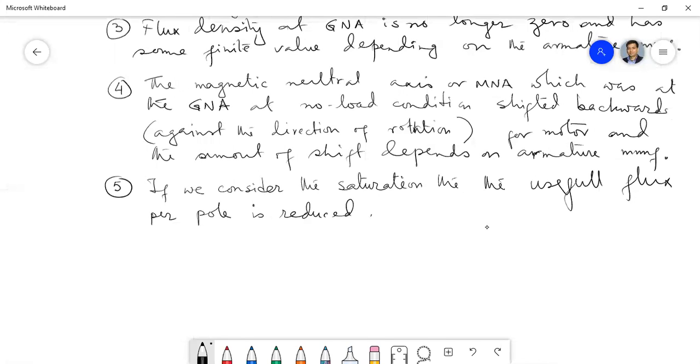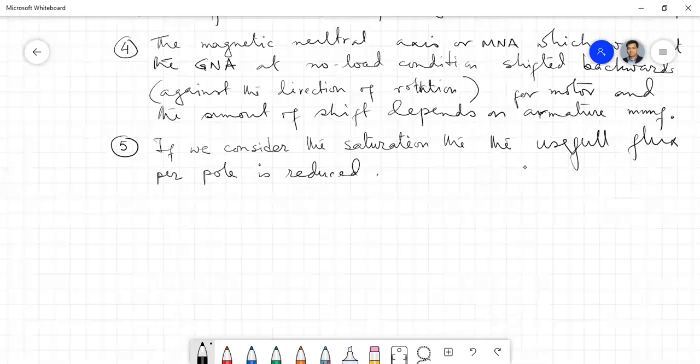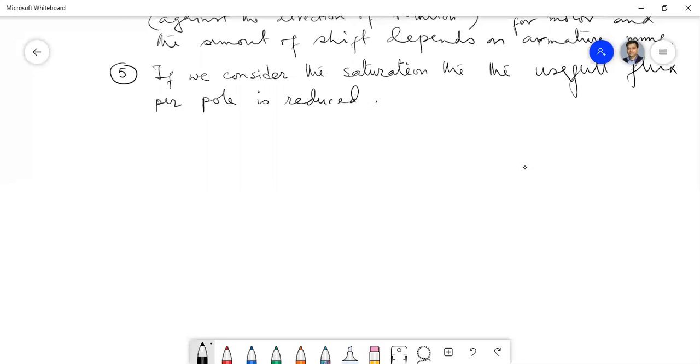Now let me draw the BH curve. The starting of this BH curve is almost linear, but I cannot draw a straight line on this board.